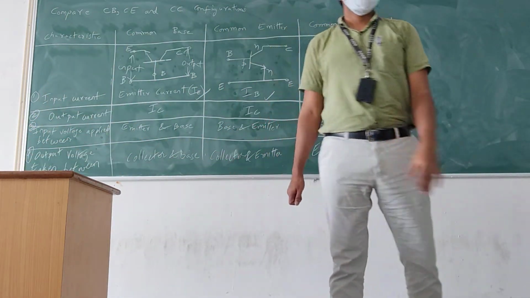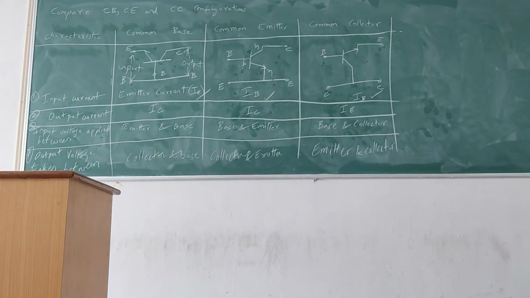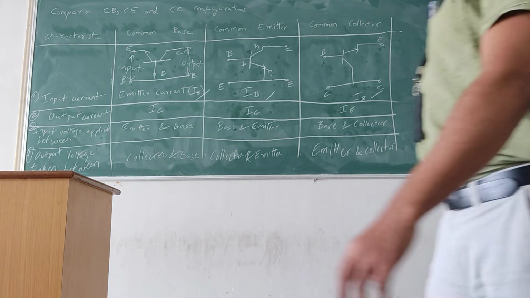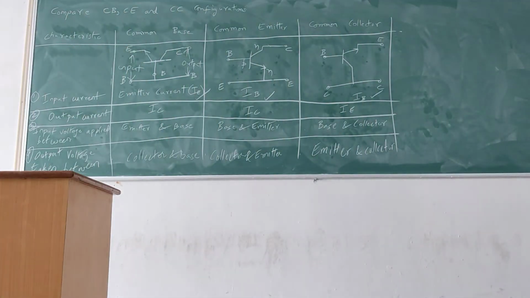So those who have finished writing the table, the next characteristics that we will consider will be input resistance, output resistance, voltage gain and current gain.